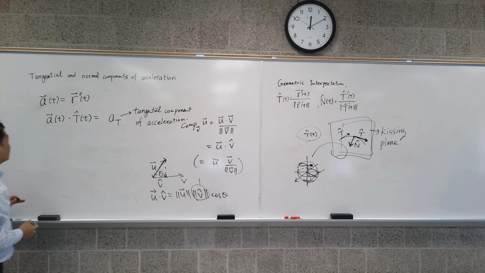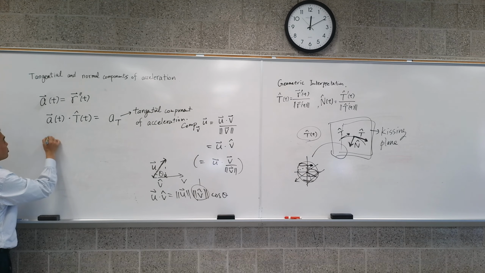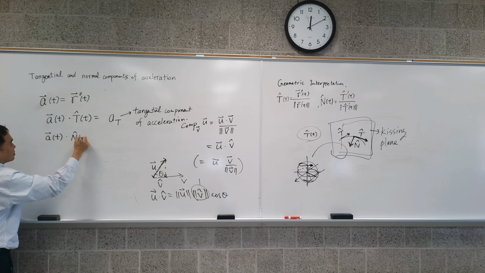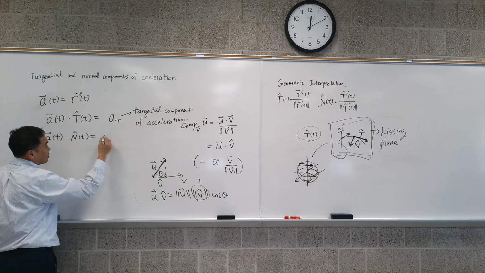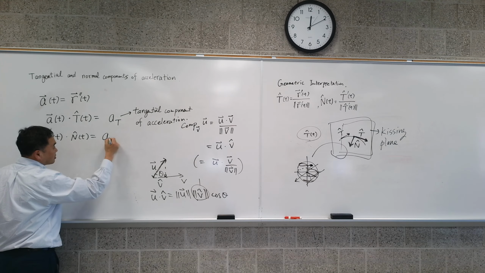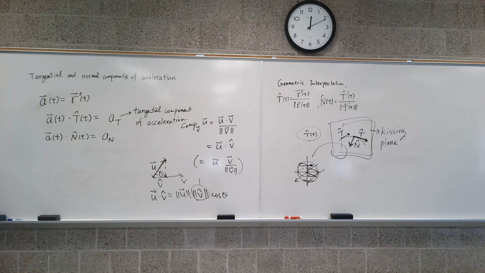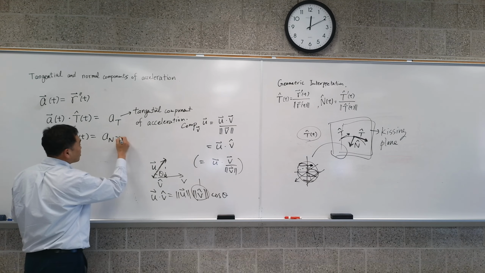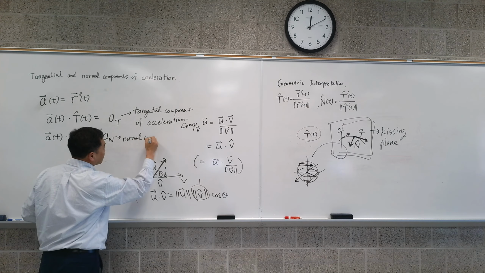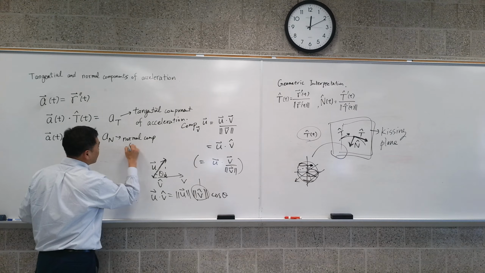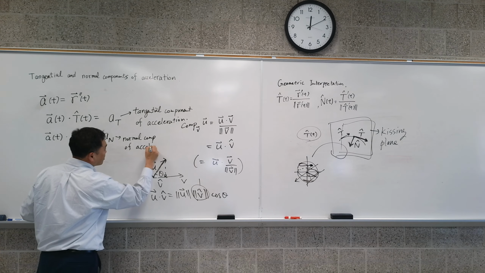And then you can also do the same thing for the normal component. So you get the normal component of acceleration, which we denote by a sub n. That's known as the normal component of acceleration.